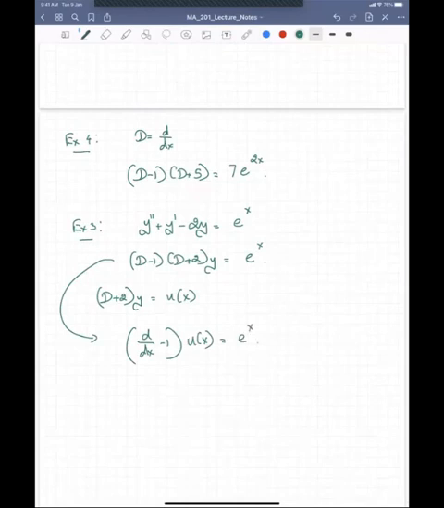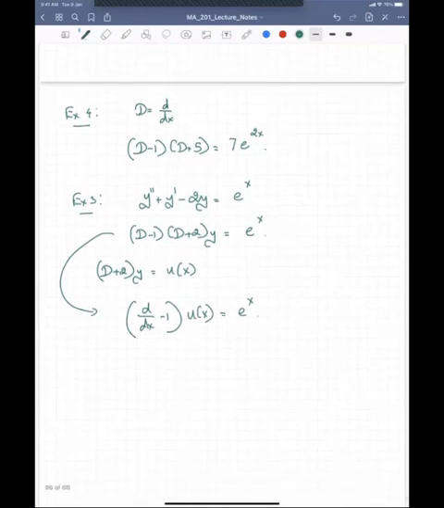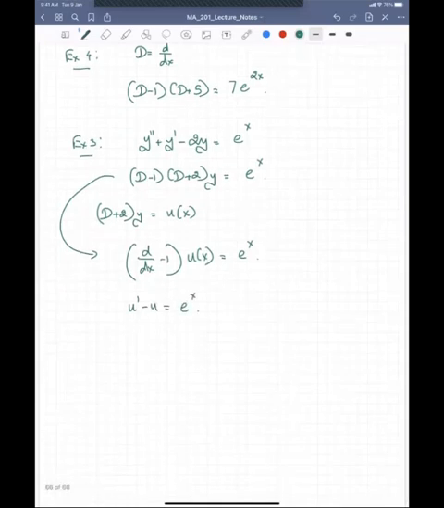So again, notice that this is now a first order differential equation for u, which you theoretically know how to solve because you know how to write down the general solution for a first order differential equation. So what is the solution? I will write this equation as u prime minus u equals e to the x, or this is of the form y prime plus p of x y equals r of x, right?